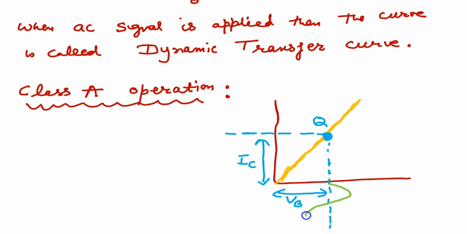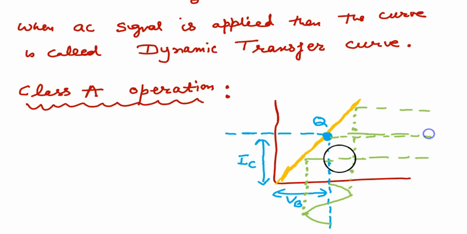Let the input signal swing. With that, the base voltage varies between two limits, and thereby the collector current also varies.